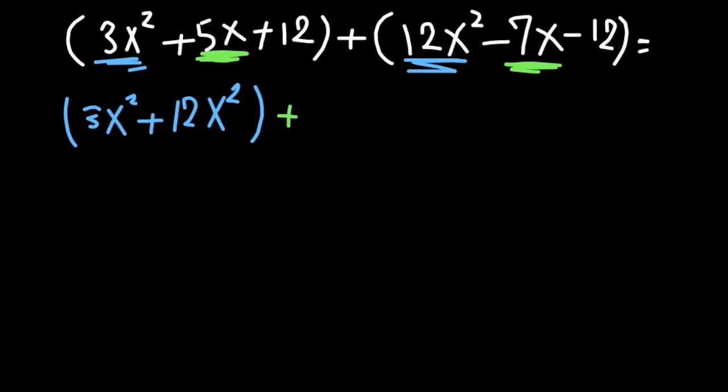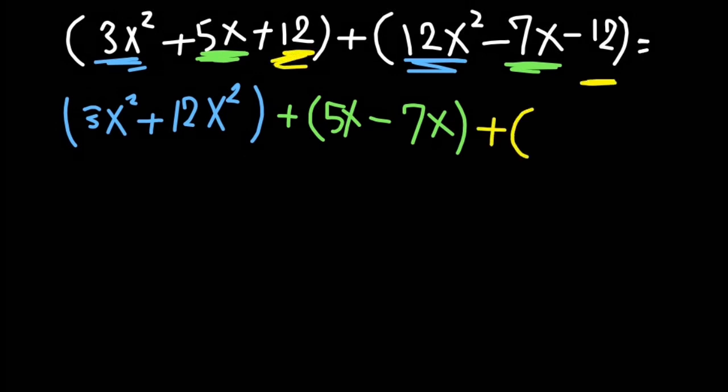I'm going to put plus, because we're adding polynomials, and the positive sign doesn't affect the solution or the sign of any term. So I'm going to put 5x minus 7x. The last two terms are 12 and negative 12. So I'm going to put plus, open bracket, 12 minus 12, close the brackets, equals.